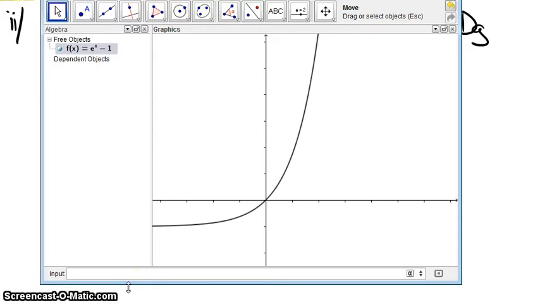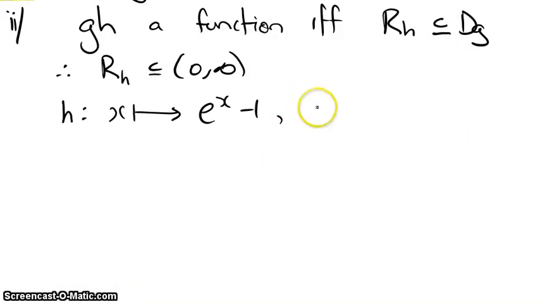For this to be positive, we need x to be strictly bigger than 0. So now that we know that this is our restriction, and this is the maximal domain, the largest domain, anything smaller will also work, but anything larger will not. gh is now a function.